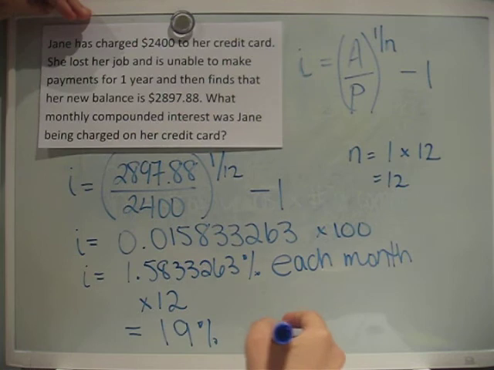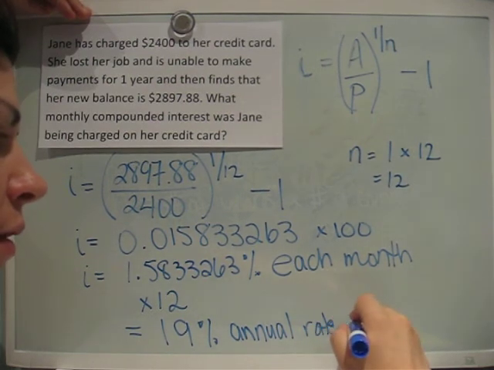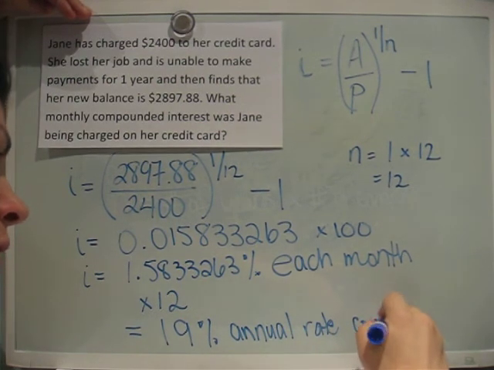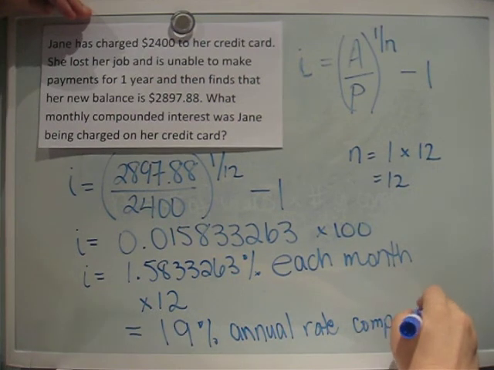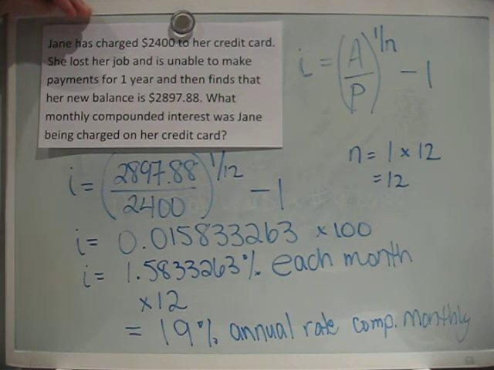So this 19% is the annual rate compounded monthly. So we've just completed a compound interest question where we're trying to find the annual rate, not the periodic rate.